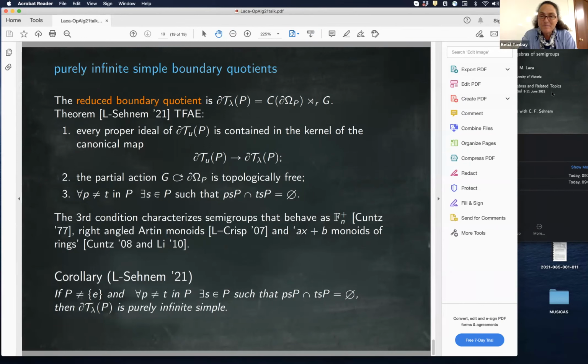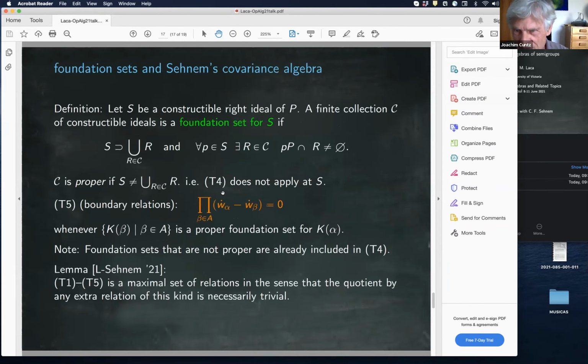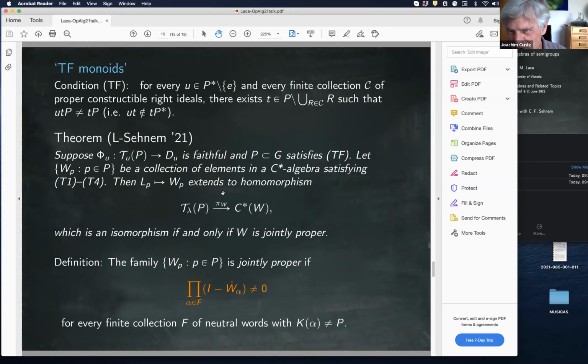Actually, I have two questions. First question is on your definition of the C*-algebra of a semigroup. You described the definition by Xin Li using constructible right ideals. But I think later he had an improved description using the enveloping inverse semigroup of a semigroup.